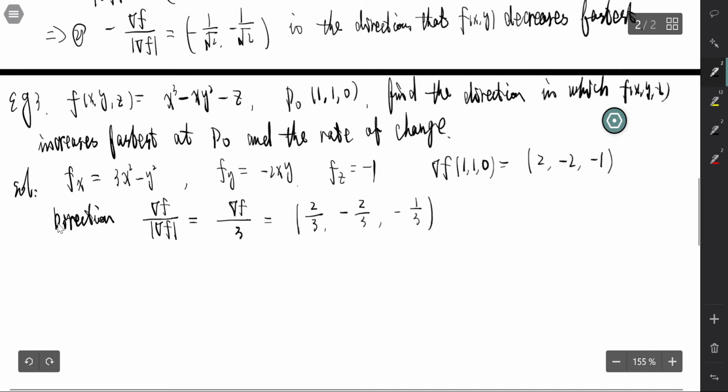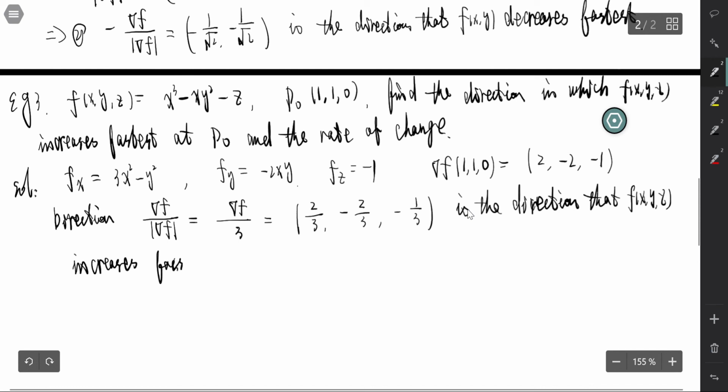This is the direction in which f(x,y,z) increases fastest at p naught.